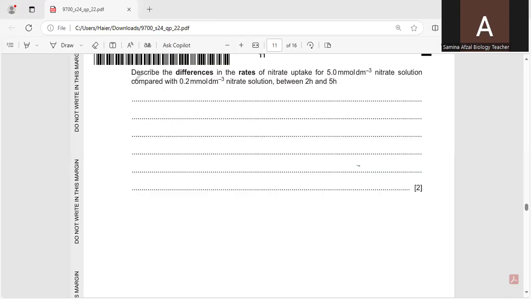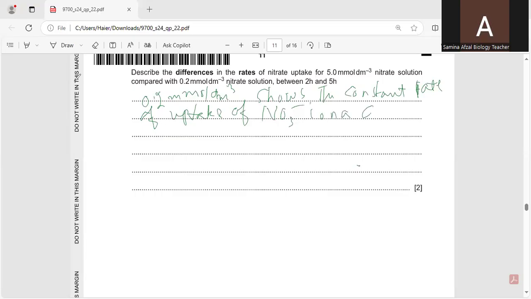So we are going to write that the 0.2 mmol per cubic decimeter shows the constant rate of uptake of nitrate ion, as compared to 0.5 mmol per cubic decimeter.